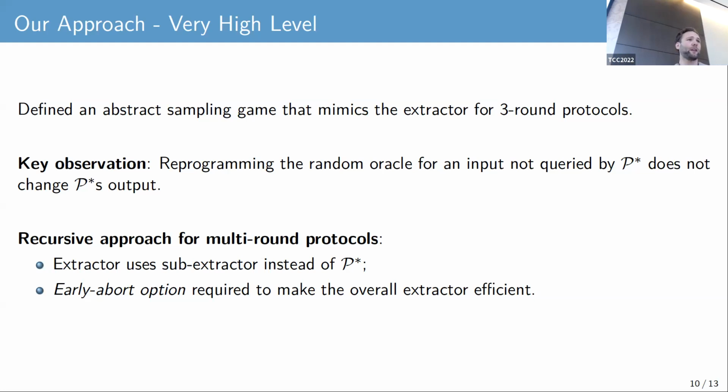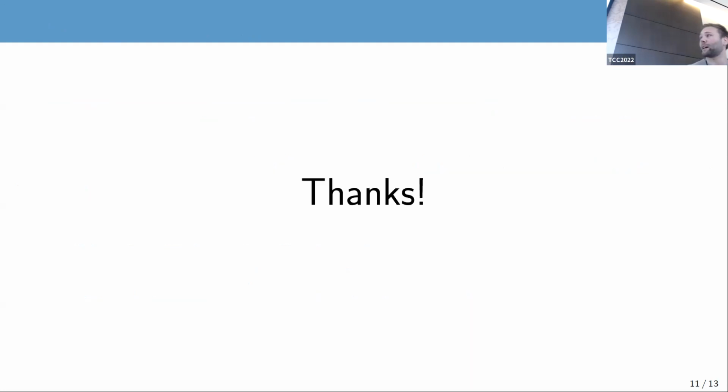If you do this naively, you get an inefficient extractor, and to handle that, we introduce an early abort option. That allows you to make sure that the overall extractor is going to be efficient. I realized I had to skip over a lot of the details, but I'm happy to take questions and discuss them further later on.